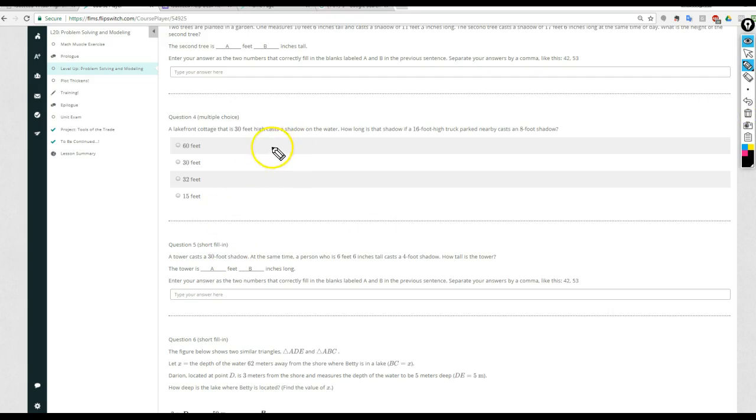So for the height of object 1, I'm going to let the cottage be my object 1, and I'm going to let the truck be my object 2. So the height of the cottage is 30 feet high, and the height of the truck is 16.